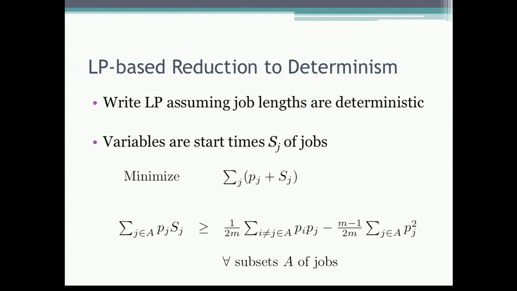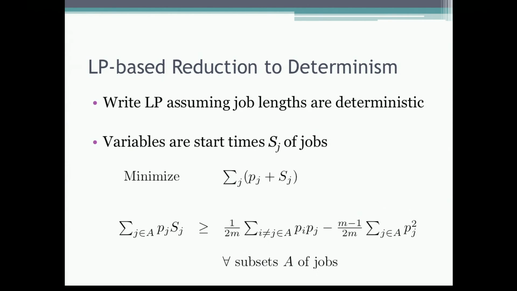And this constraint essentially says that these Sj's can't all be too small. If I take any subset of jobs, and look at roughly the sum of the Sj's, it has to be at least something that depends on the processing lengths. I can't make all the jobs start at the same time because there are only m machines. Right? So some jobs have to start later because I can't put all the jobs on the machines at the same time.